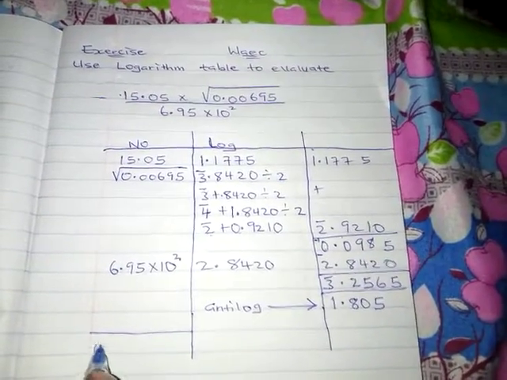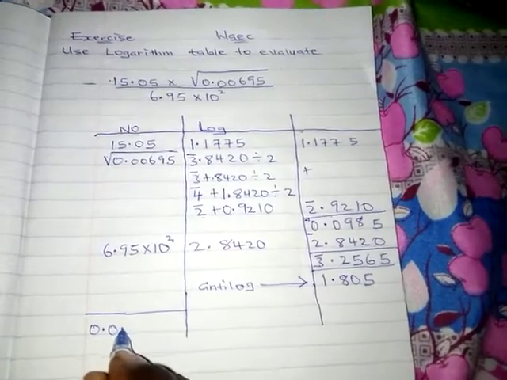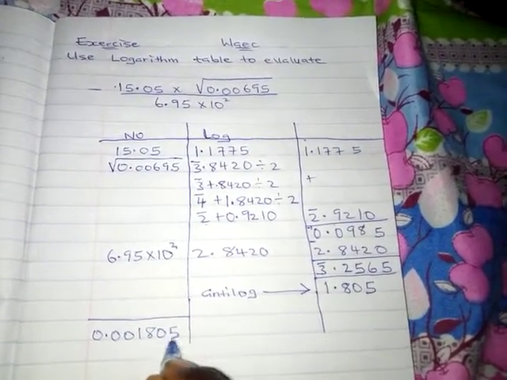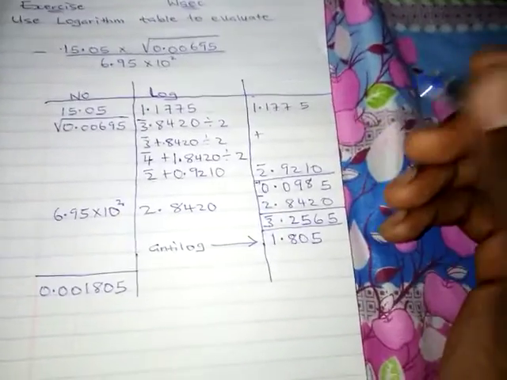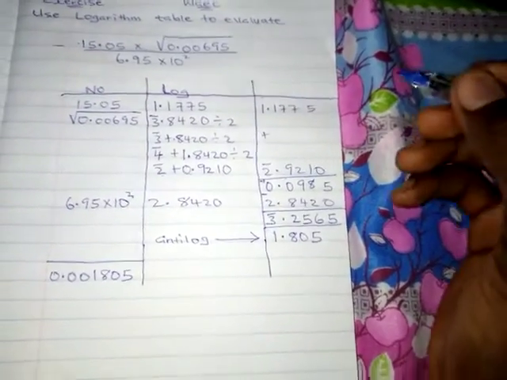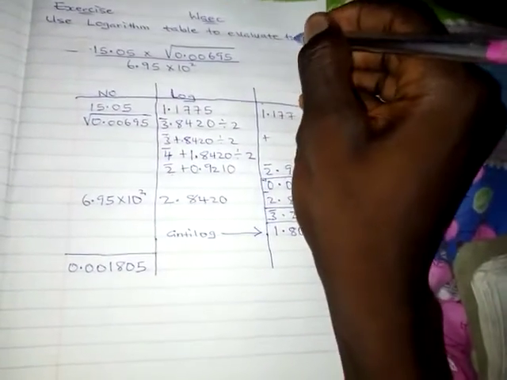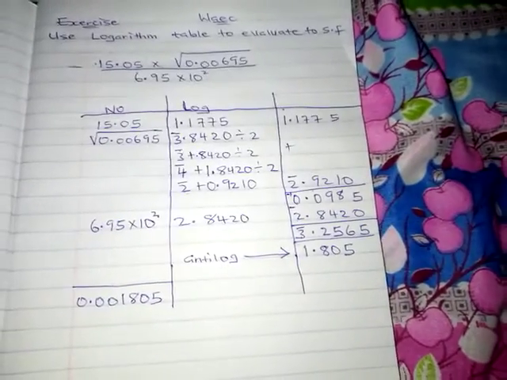That gives us 0.001805. Then the question says you should evaluate it to 3 SF. I forgot to write that part out. To 3 SF, 3 significant figures. So we are going to approximate to 3 significant figures.